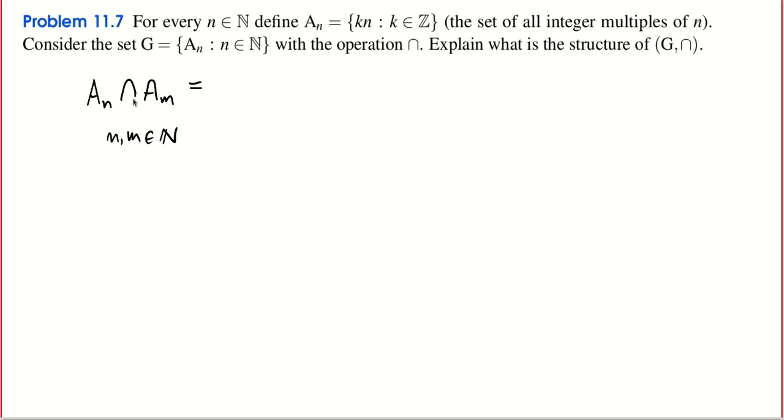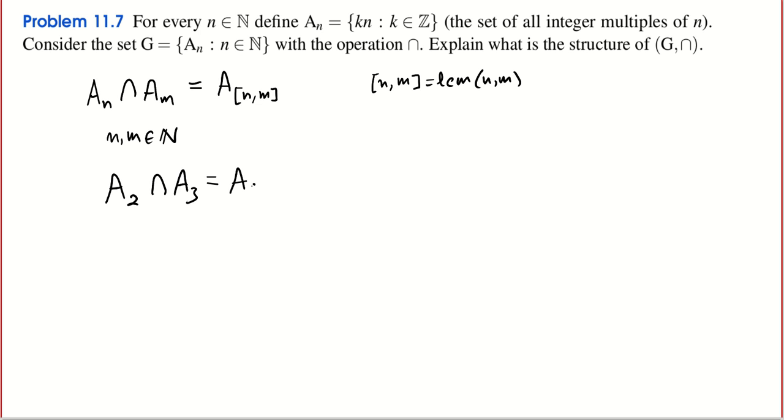And clearly, this can be described as the set containing all the multiples of the least common multiple of these two numbers. Remember, this is the notation for the least common multiple. Just as an example, a2 intersection a3: the least common multiple is 6, so this set is a6.